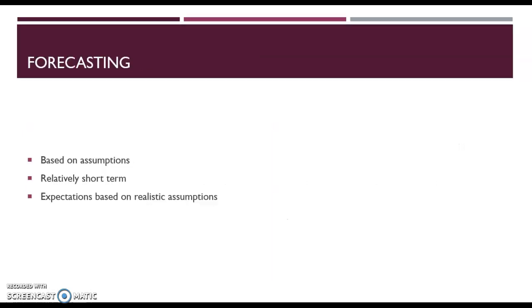Forecasting is something that I use on a weekly basis. It's helping to look at what is coming. It's based solely on assumptions, and it's usually relatively short term. And according to our text, and I really like the way that they said this, it's expectations based on realistic assumptions.